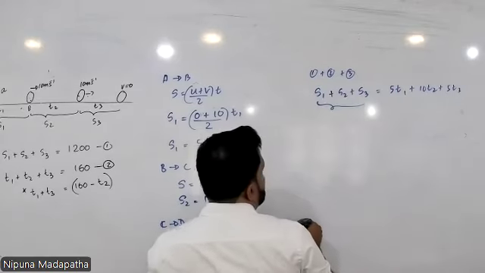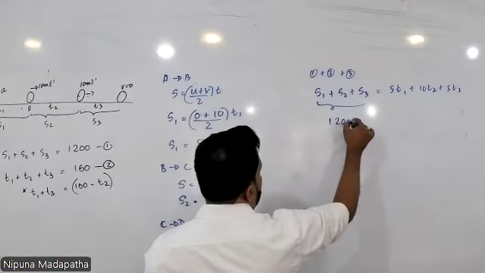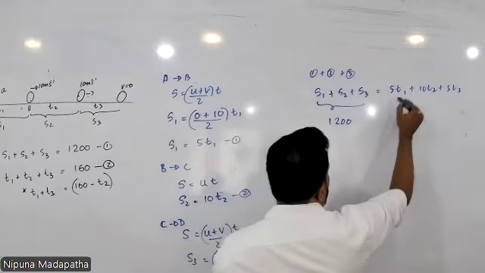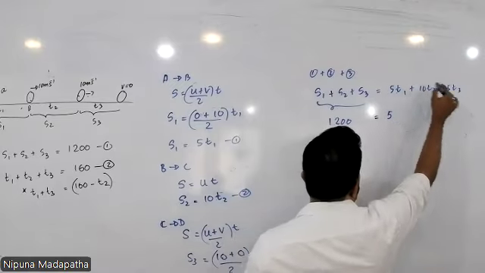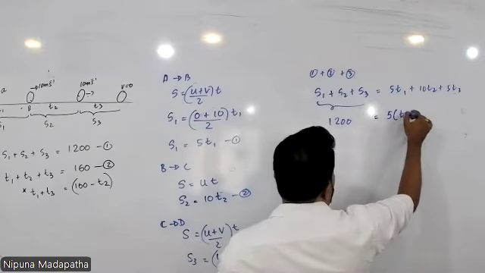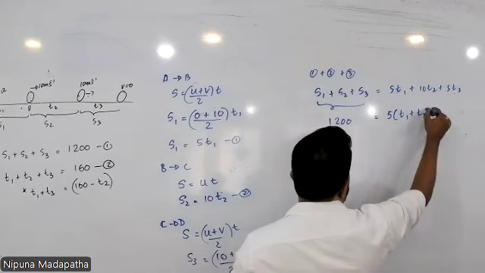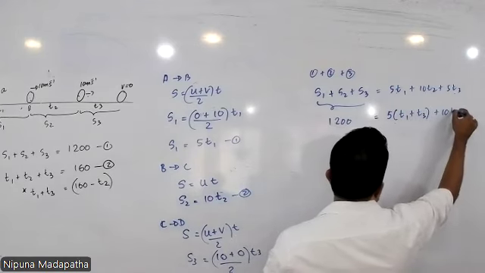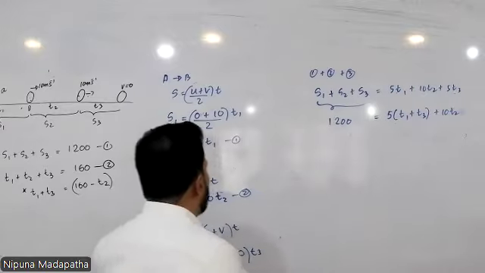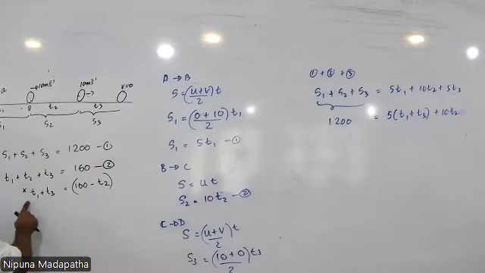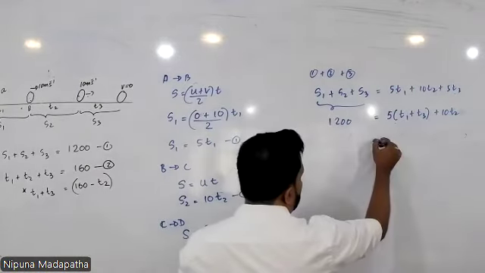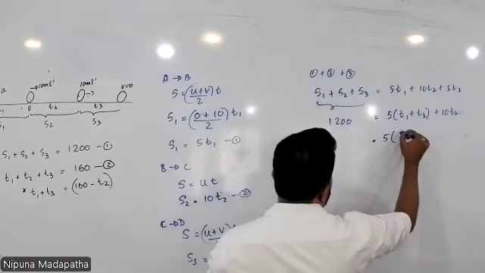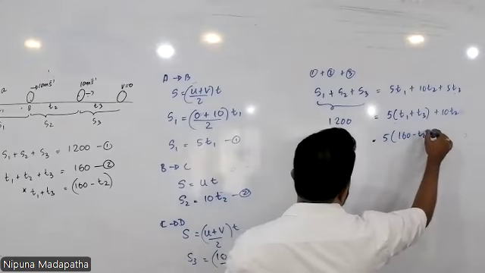The value of this is 1200. 5 is a common factor of these two terms: 5 times (T1 plus T3) plus 10 T2. That's why I separated T1 plus T3, because it is 160 minus T2.